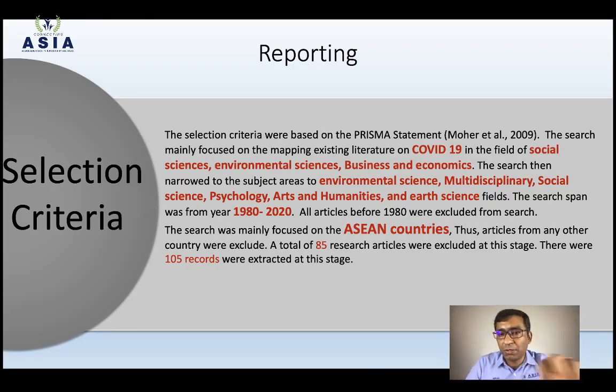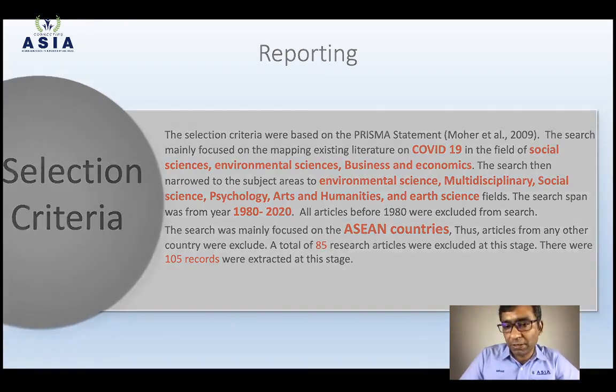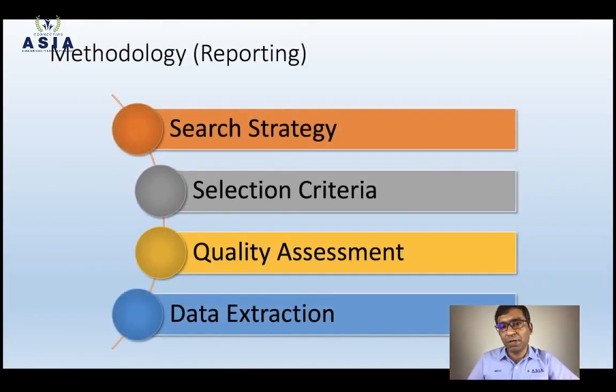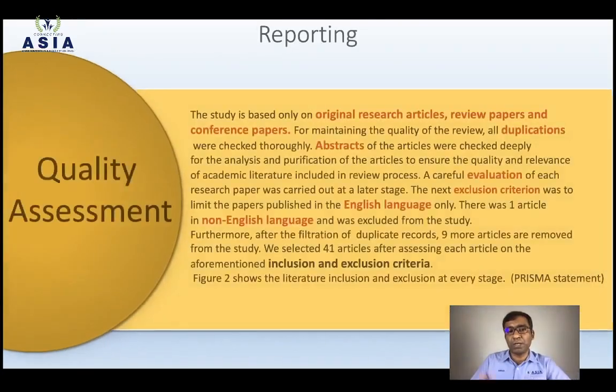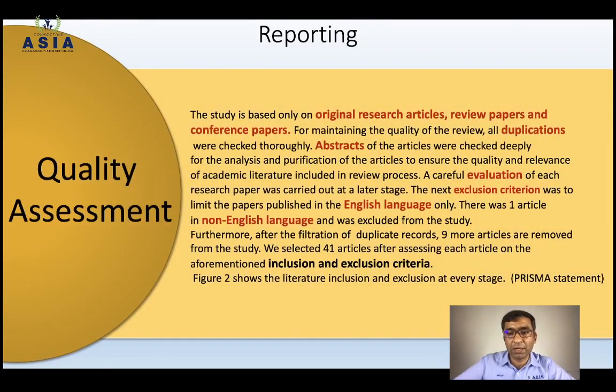So you need to report exactly what number there was, how many you excluded and how many you have included in the criteria. Every time you do a systematic literature review, you need to follow this particular pattern. No need to deviate from this pattern until you are experienced and you are an expert in research. Then you can create your own ways, but for the basics and initial start, just follow these patterns.